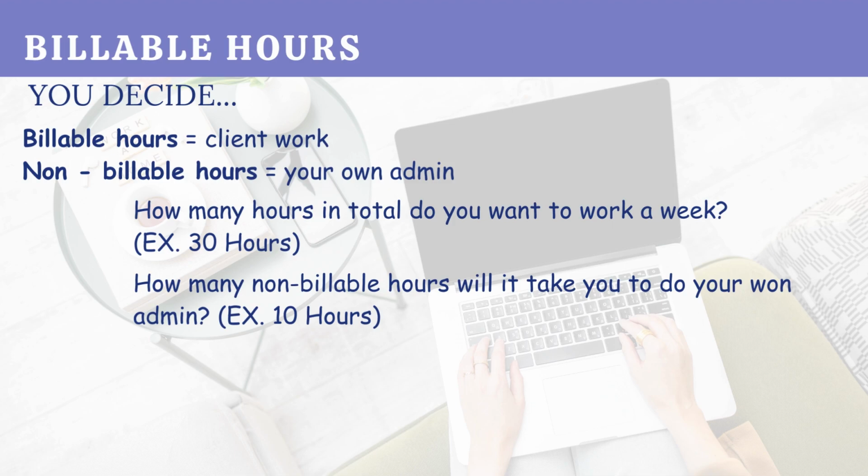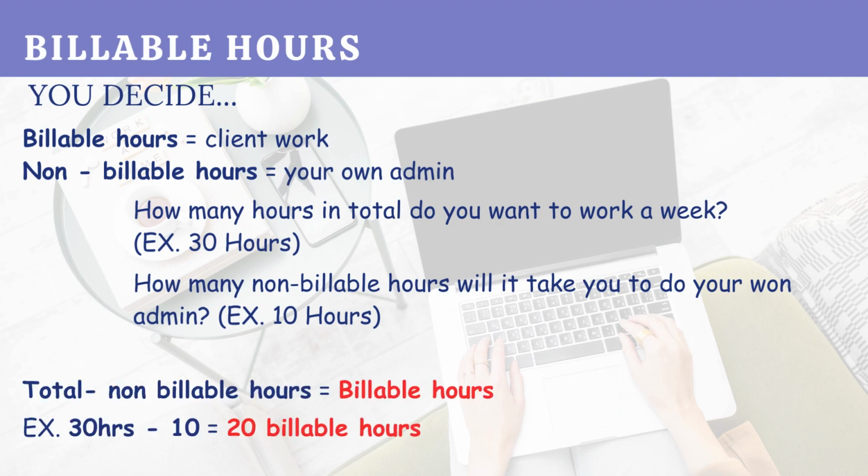Then you need to take the total amount of hours and subtract the non-billable hours, which will leave your billable hours. In this case, it will be 30 minus 10 hours, and you will have 20 billable hours. Let me simplify it for you.